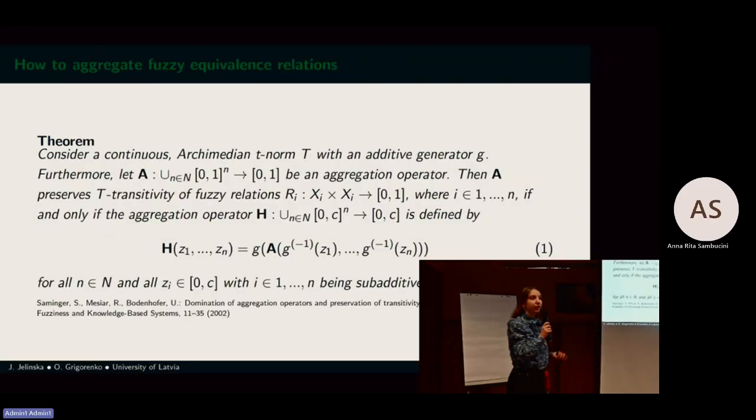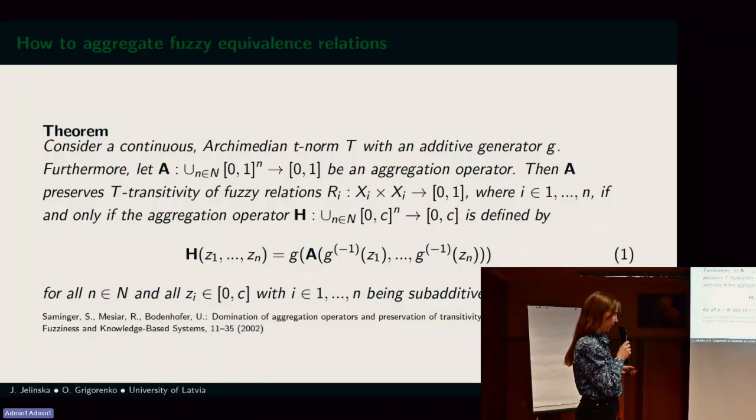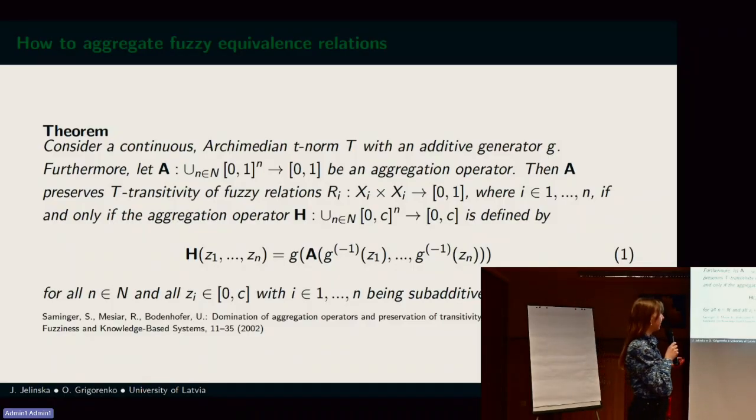So if we consider a continuous and Archimedean T-norm that can be constructed using additive generator G, and if we have aggregation operator H that is subadditive, then the aggregation operator A, if constructed this way, will be T-transitive.